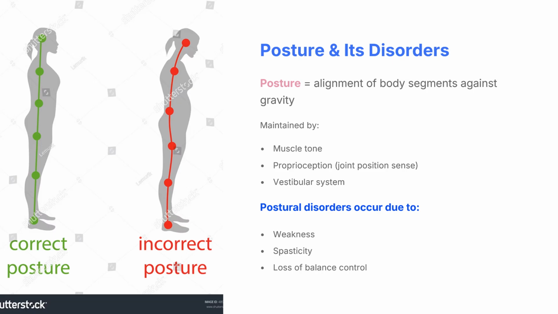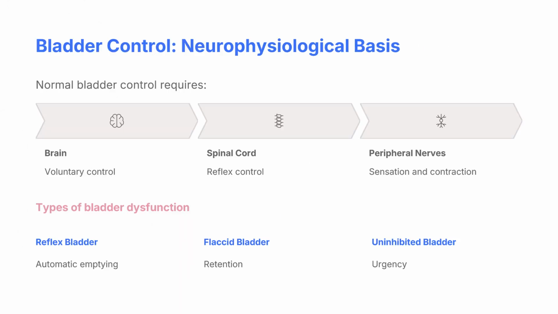But along with motor and postural issues, neuro patients often develop bladder control problems. So let's see next about bladder. Normally, bladder control requires coordination between the brain and spinal cord, because the brain is considered the voluntary control and the spinal cord is considered the reflex control.